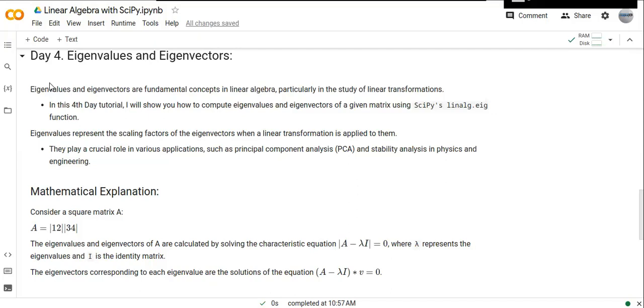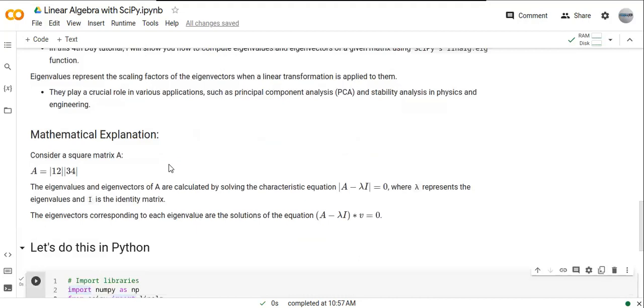Both play a crucial role in various applications such as principal component analysis, which is very important for machine learning implementation, and stability analysis in physics and engineering.